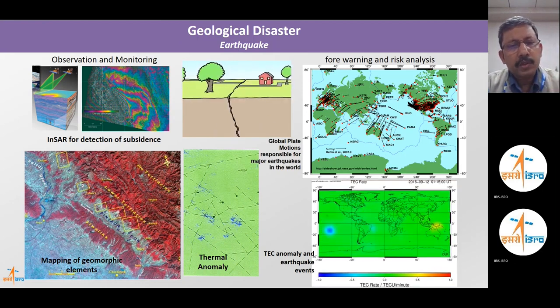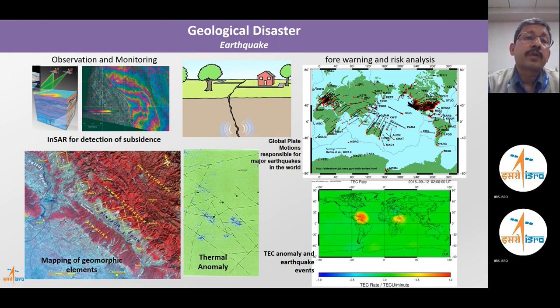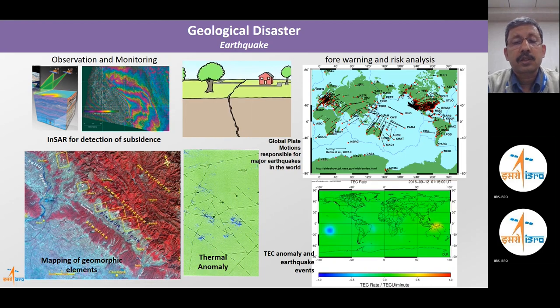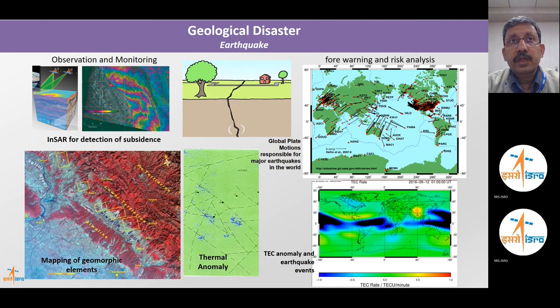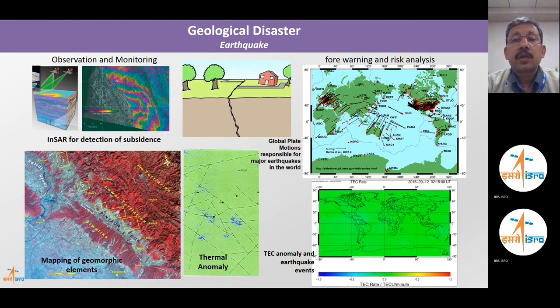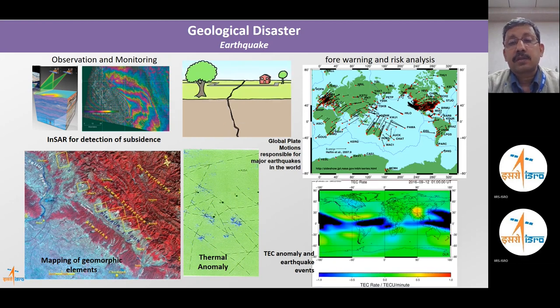This is what we have talked about, the observation and monitoring of the earthquake, a geological disaster. But various space-based observation can also provide a level of forewarning and risk analysis.